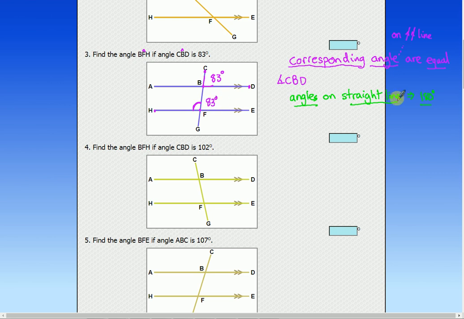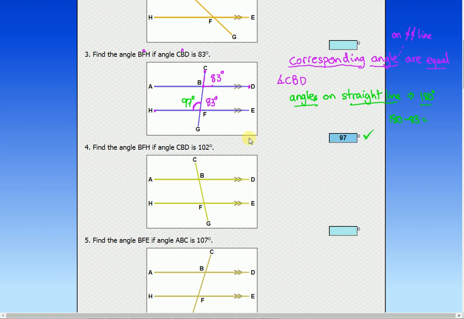So 180 minus 83 tells me what's left to go on that side. So 180 minus 83, stick it into your calculator and you get an answer, 97 degrees. So let's put the answer in. And we will check it.